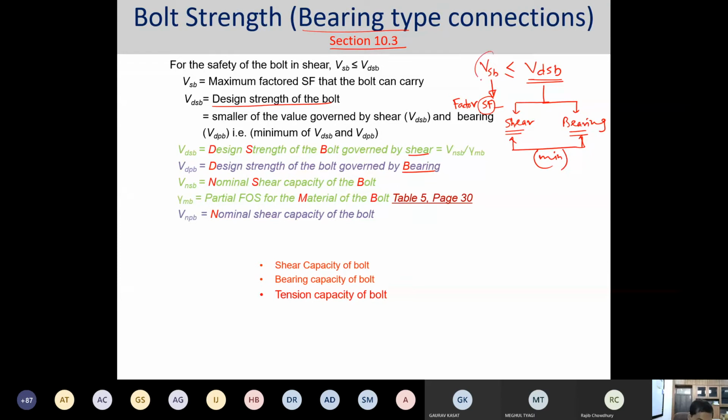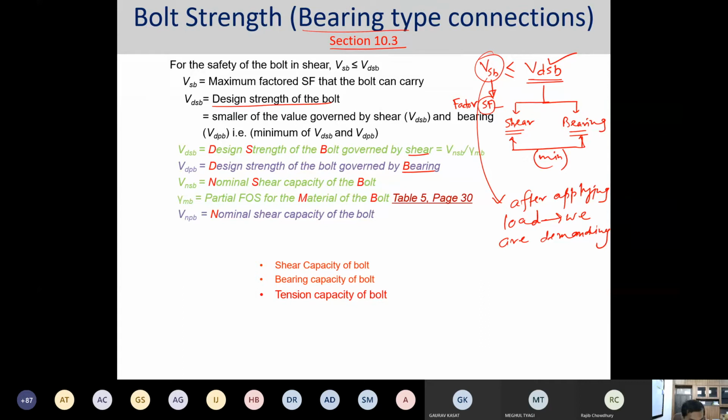Your factored shear force should be less than that, because the factored shear force comes after applying the load. After applying load, we are demanding that much amount of strength.